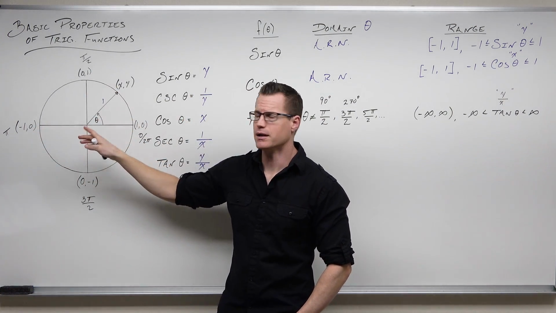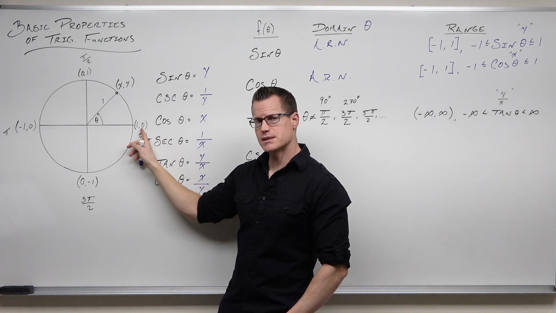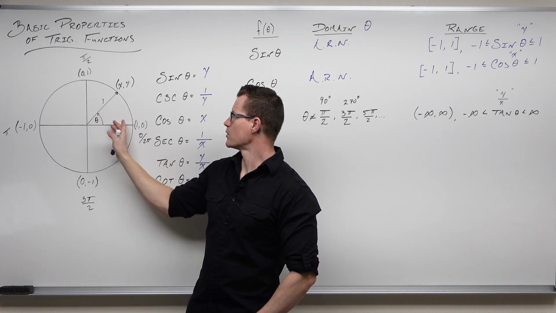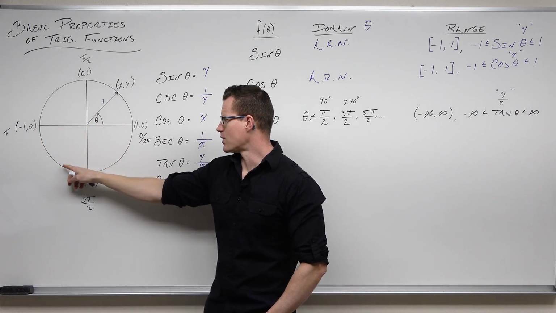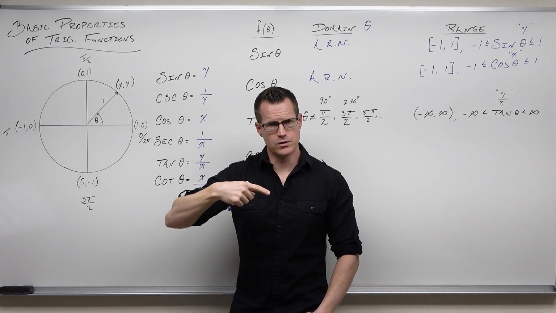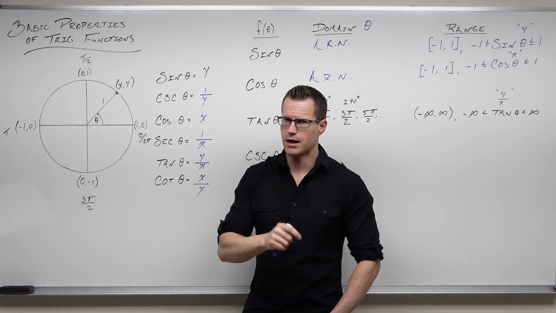Other places are going to be fine. But here at this angle, 0, we're going to have a problem because this is going to try to take 1 over 0. Then that's positive y all the way from here to here. That's going to try to take 1 over 0. This is negative y from here to here. That's fine. So we're going to have two values on the first revolution around the circle that are not allowed, at 0 and at pi.